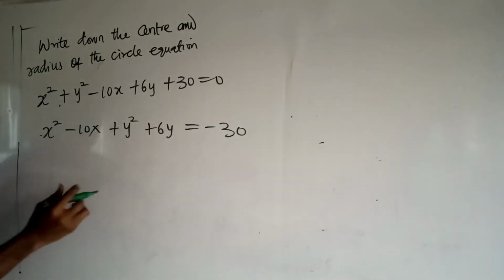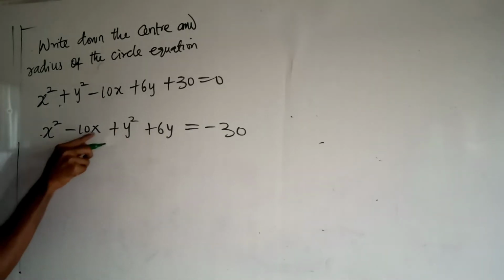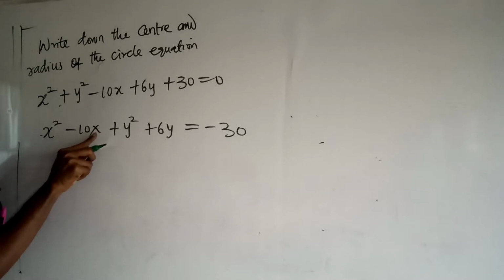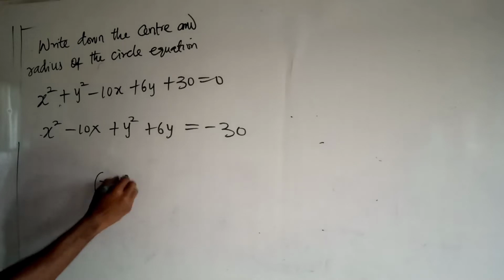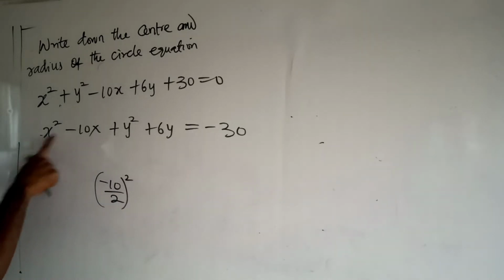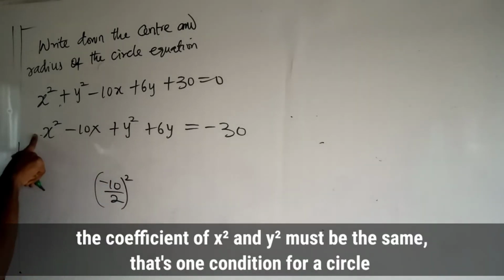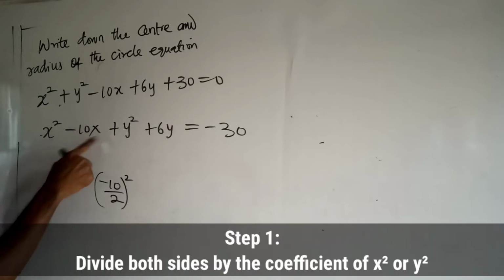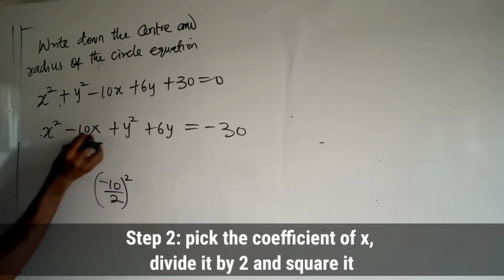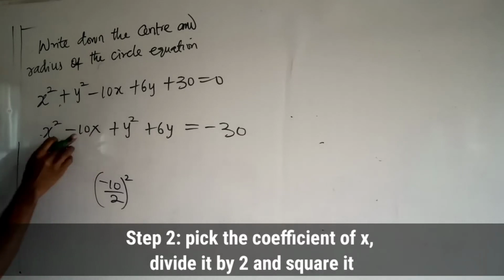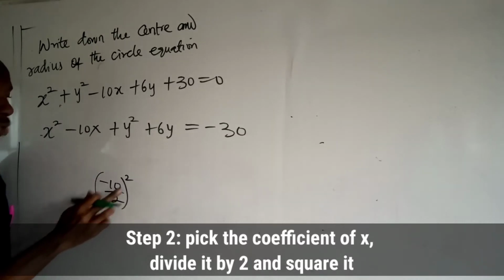So let us continue. Step number 1 is to divide both sides by the coefficient of y squared or x squared. They must be the same coefficient. And when you do that, you will be left with something like this. Step number 2, you pick the coefficient of x, which is minus 10, you divide it by 2 and you square it.